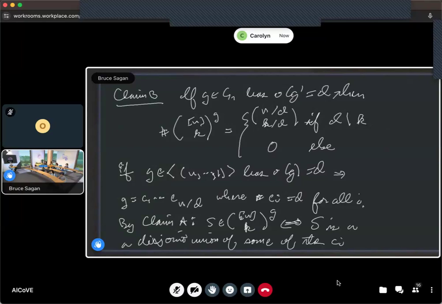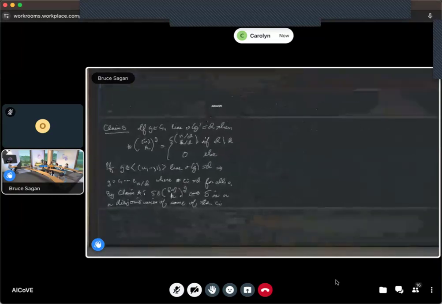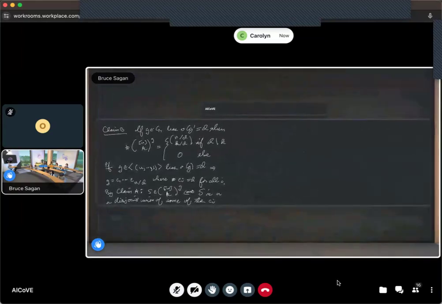That was what claim A said. But now think about it. First of all, let's take the case where D doesn't divide K. Is it possible to write S as a disjoint union of a bunch of D element sets if D doesn't divide K?